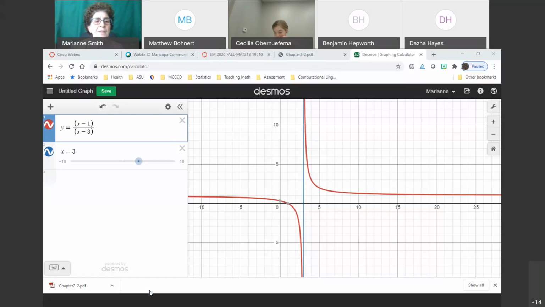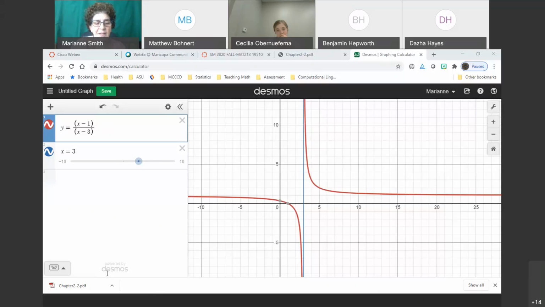So here you can see an example of a vertical asymptote giving rise to no limit, and that's exactly what it means for your y values to increase forever: there's no limit to them. Same thing down here. They're getting more and more negative without a limit.